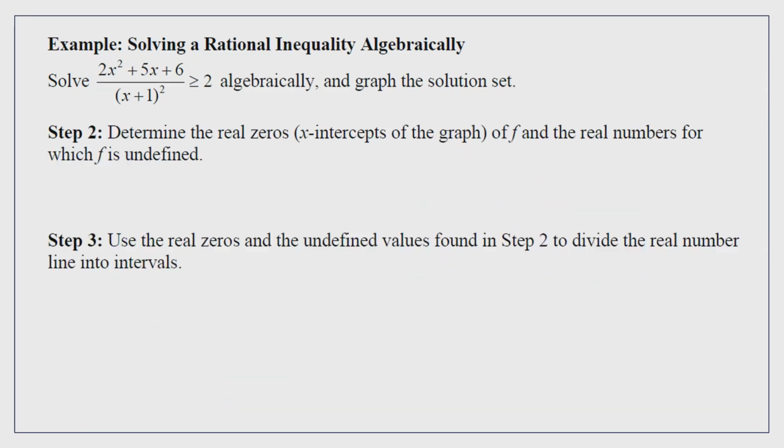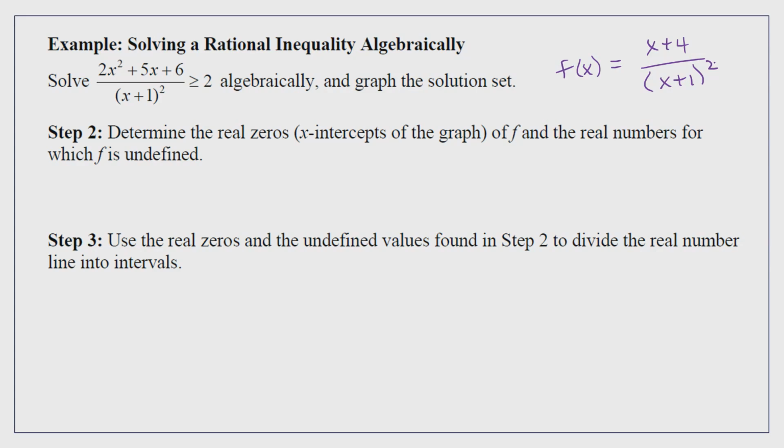All right. Step 2, we need to determine the real 0s, so the x-intercepts of the graph of f, and the real zeros for which f is defined. Okay, so note that we found f to be x plus 4 divided by (x plus 1) squared.